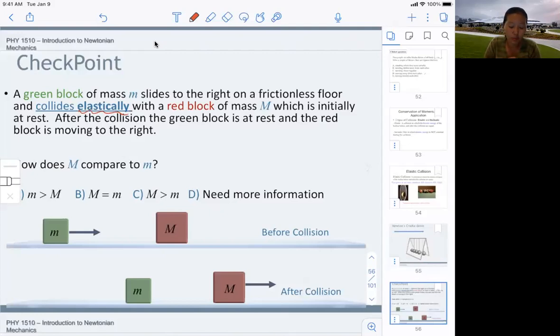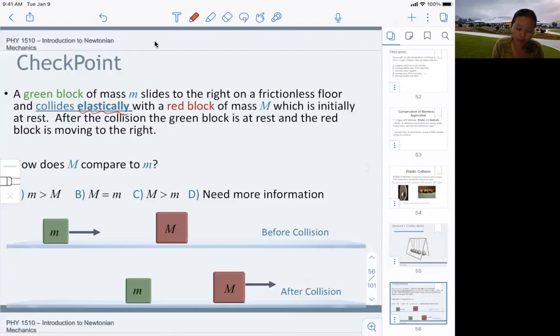A green block of mass m slides to the right, again frictionless, so there's no momentum transfer. It hits another red block of mass capital M, initially at rest. After the collision, the green block is at rest and the red block is moving to the right. How do the 2 masses compare to each other?